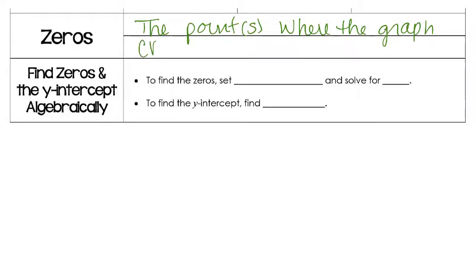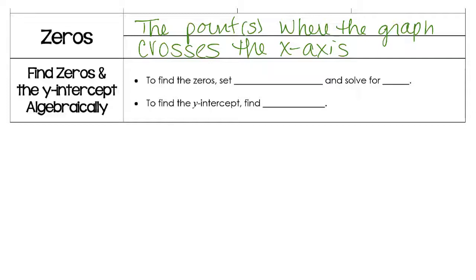And which axis is it crossing? The x-axis. That's going to be the one identified as the zeros. Sometimes it's also called the roots. So the zeros of a function or the roots of a function are the point or points where the graph crosses the x-axis. Not the y-axis, but the x-axis. That's the zeros for the function.